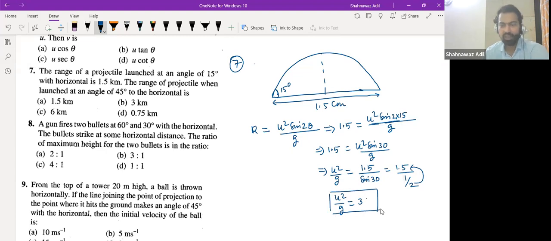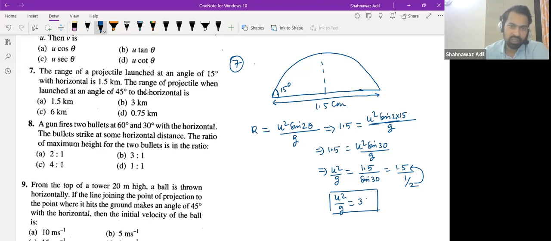This value we have calculated. Now you will see the use of this value, because to calculate the range we need this u square by g value.